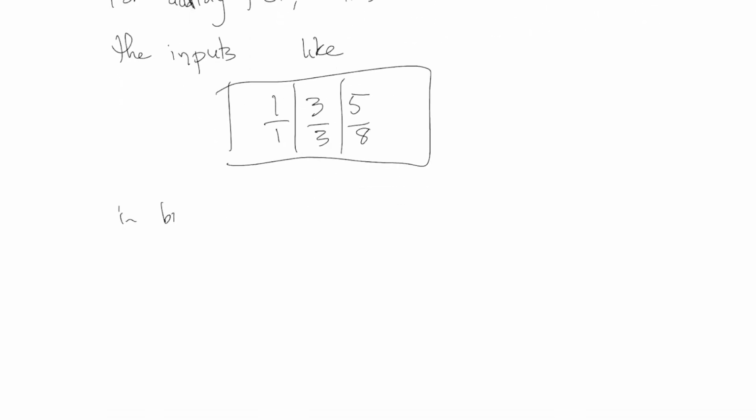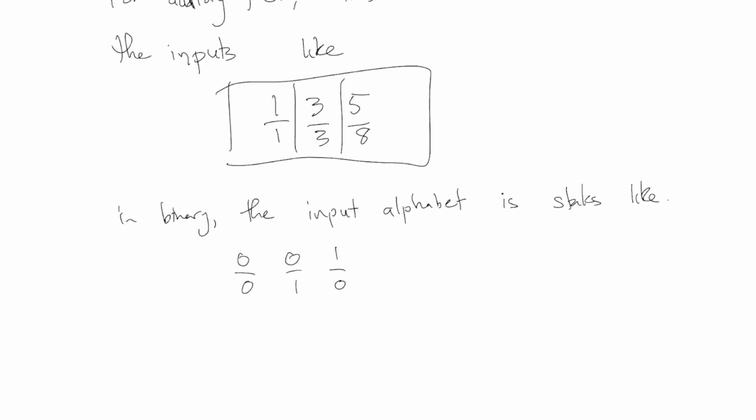So in binary, the input alphabet is stacks like these. These are all the possible stacks that you could ever encounter in binary, right? Those are the only possibilities when it comes to stacking two binary digits.